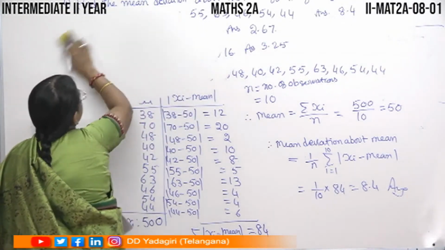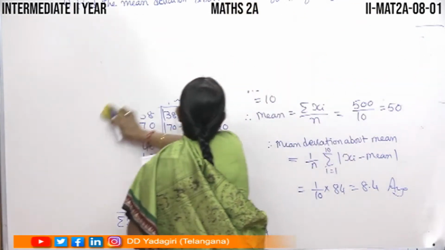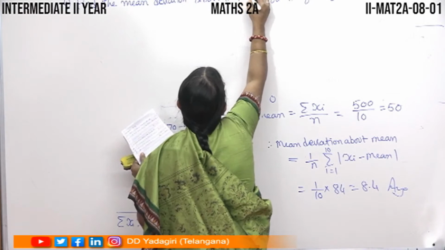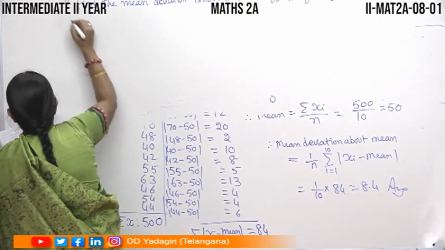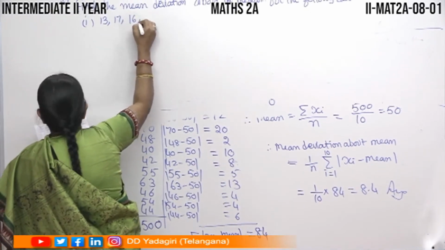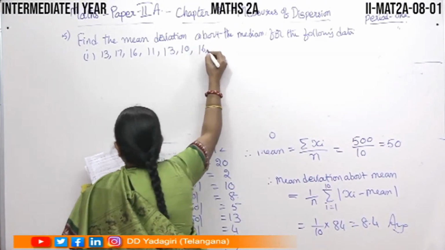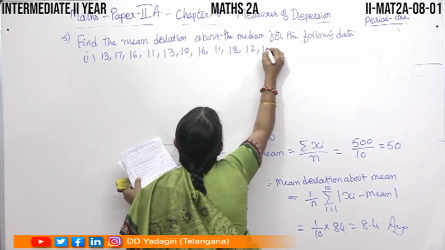Now next one. Mean deviation about the median for the following data. So first bit: 13, 17, 16, 11, 13, 10, 16, 11, 18, 12, 17.